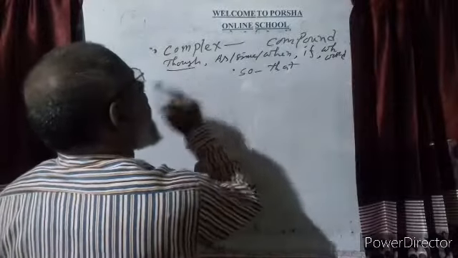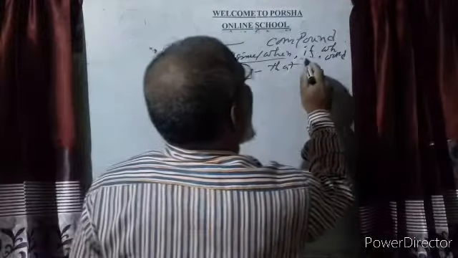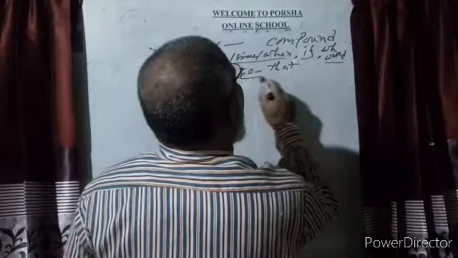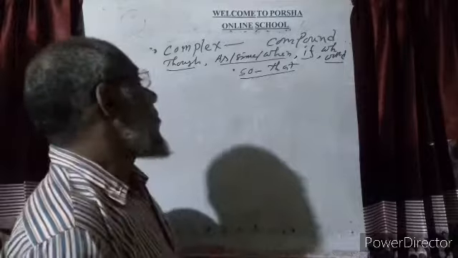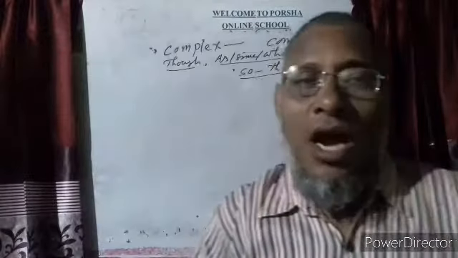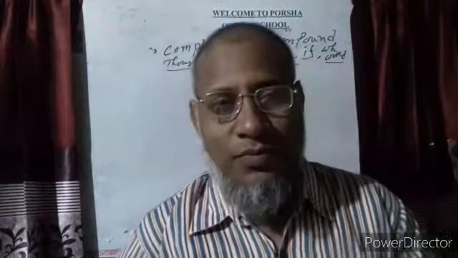So, my dear student, today we will discuss these 5 kinds of sentence with though, as, since, or when, if, WH word, so, that. These 5 types of complex sentence I would like to discuss today.